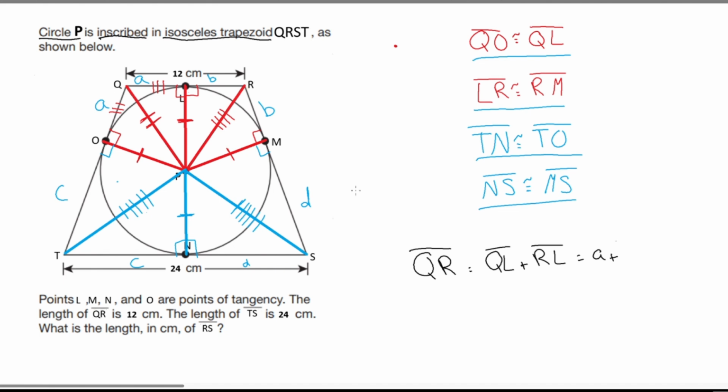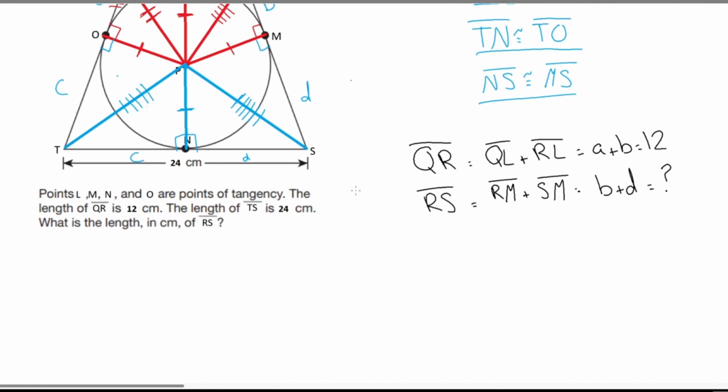So A plus B, and we already know this is equal to 12. RS is equal to, and we see here, RM plus SM, and this is equal to B plus D. And this, we do not know what it is, so we'll just put a question mark here.